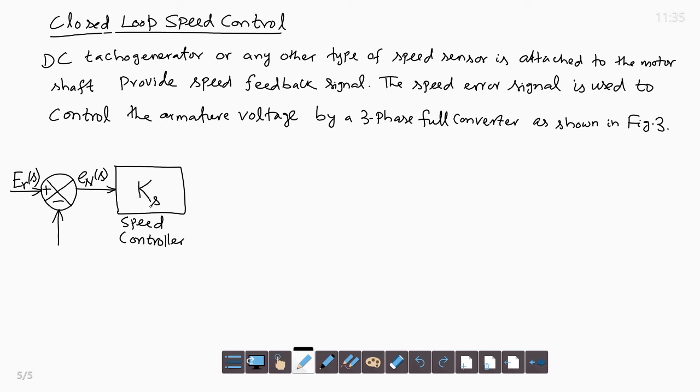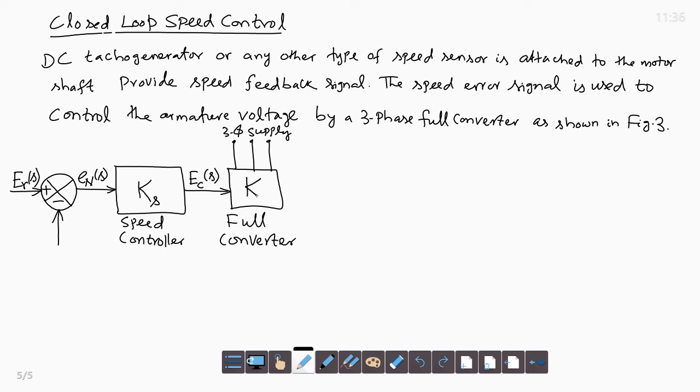It can be proportional control, PI control, PID control, or any other type of controller. The output of the speed controller is the control voltage Ec(s). This goes to the full converter, a 3-phase converter which gets a 3-phase supply. It has a gain Kc, and the output of the converter is Kc times the control voltage Ec(s), that is the applied voltage Ea(s) to the DC motor.